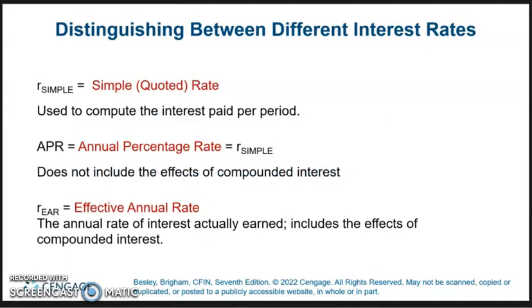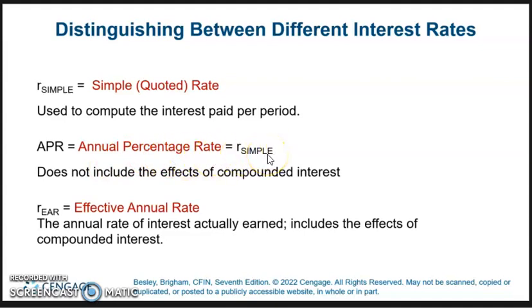I don't know why the book has this R simple. R simple is meaningless. R simple is the APR, the annual percentage rate. So you can pretty much ignore it, because all loans are required by law to be quoted at the APR, annual percentage rate.